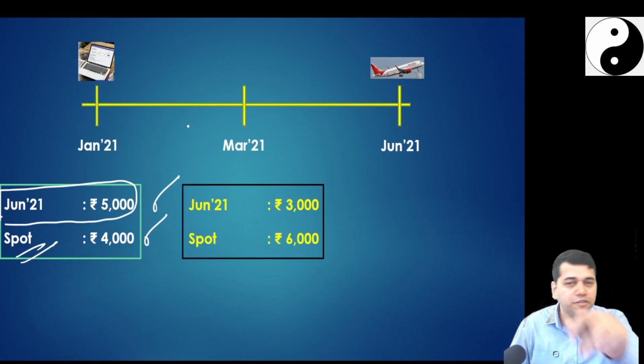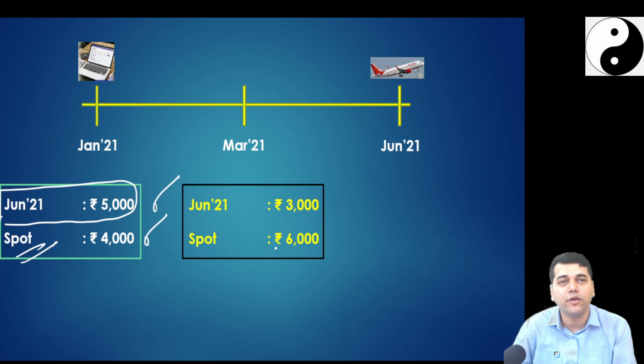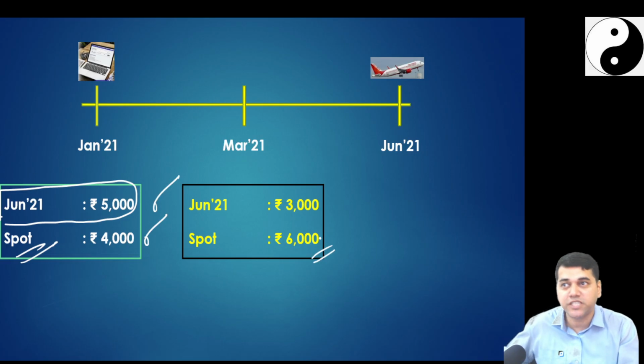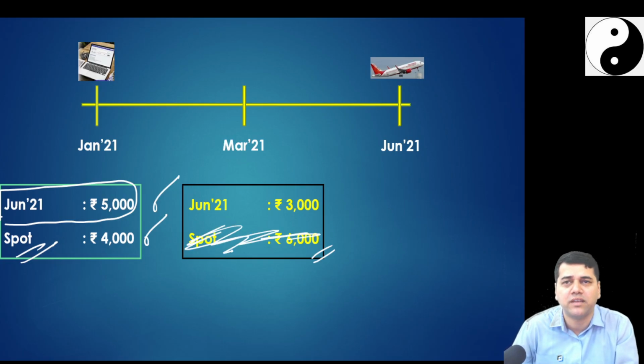Now 31st March came. The June price is 3,000. The spot price is 6,000. Are you happy or sad? You are sad. Why? See, what is this spot? That means right now on 31st March if you have to travel, you have to pay 6,000, which is irrelevant for me.